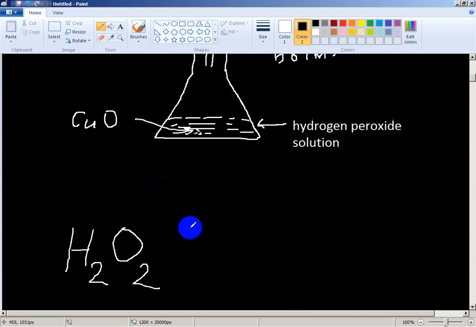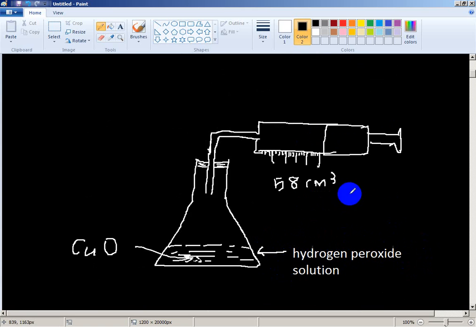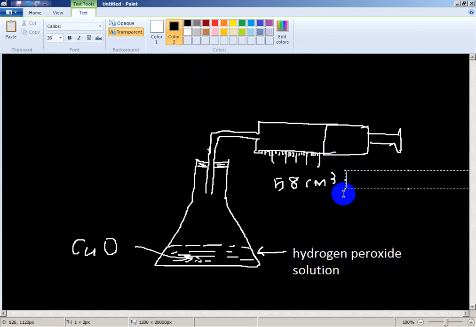Okay, here this reaction occurs, hydrogen peroxide decomposes, water and oxygen are produced. So here the gas is oxygen. So here I write oxygen gas. I should write oxygen.